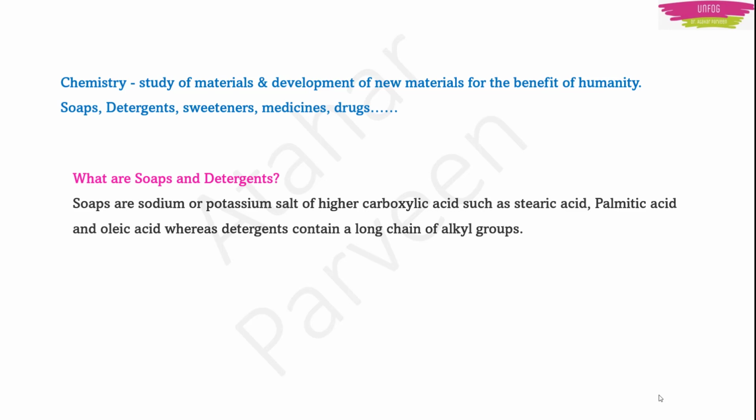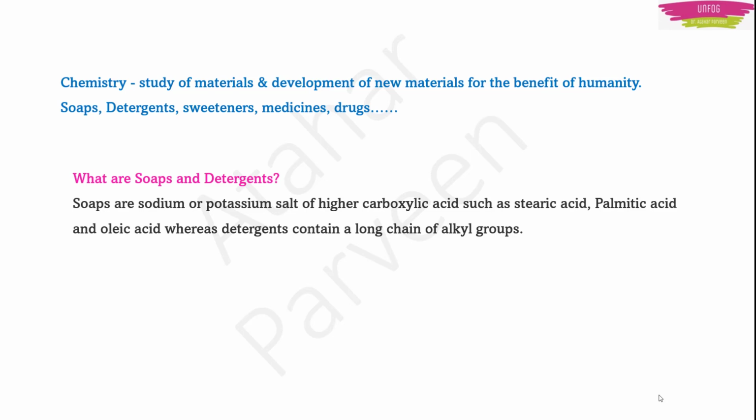Now what are soaps and detergents? First of all, soaps are sodium or potassium salts of higher carboxylic acids such as stearic acid, palmitic acid and oleic acid. They combine all this together to form soaps.